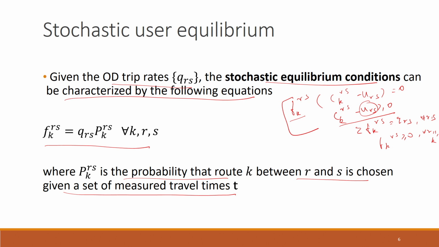Also, it might not be very intuitive that since stochastic user equilibrium is an extension of the deterministic user equilibrium, we now have these travel times which are assumed to be random, whereas they were not assumed to be random before. So how do these conditions become more general than these ones?